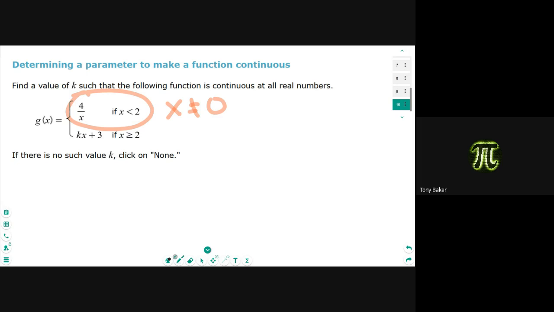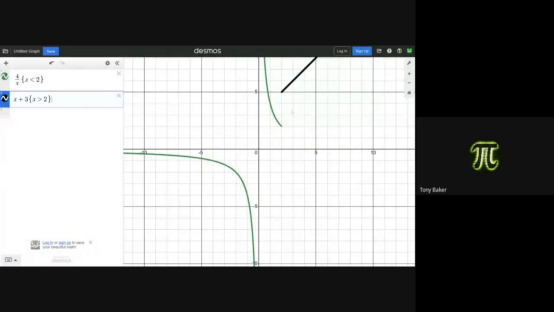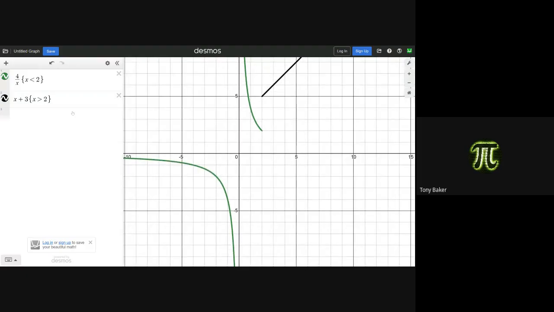So if we looked at this problem on a graph, here's the graph. This is what this graph looks like. I can change this number to whatever I want.